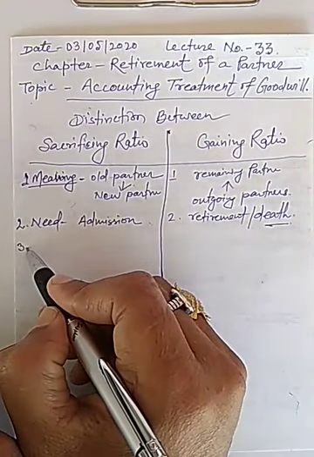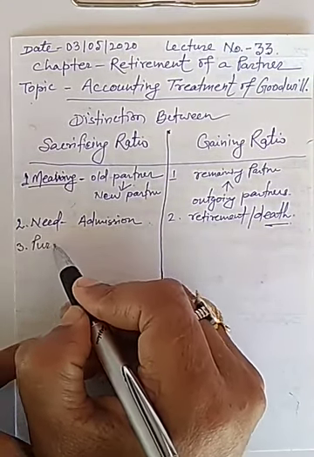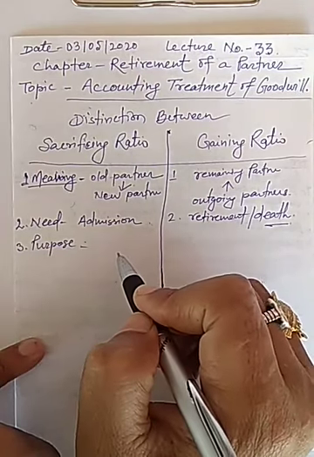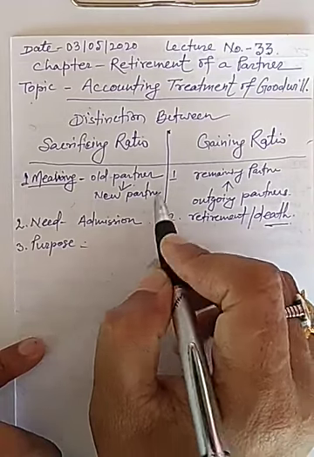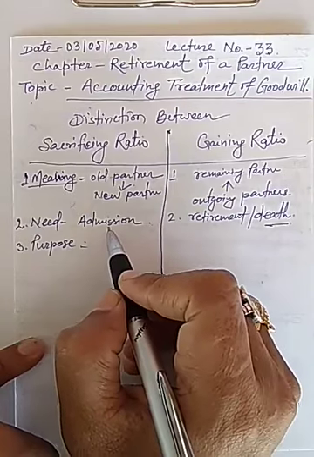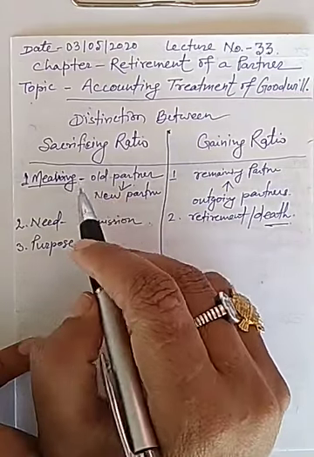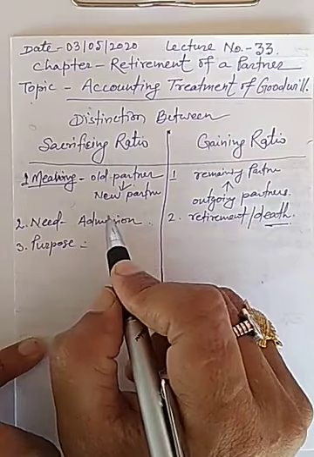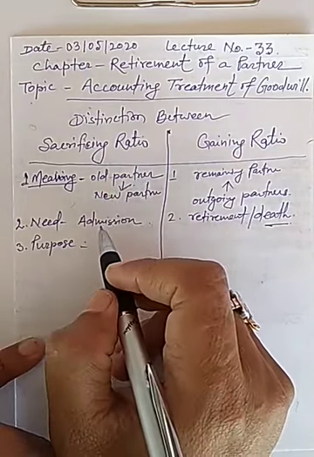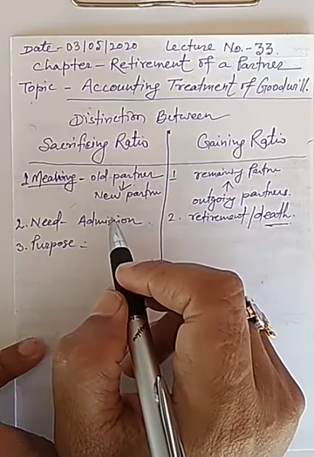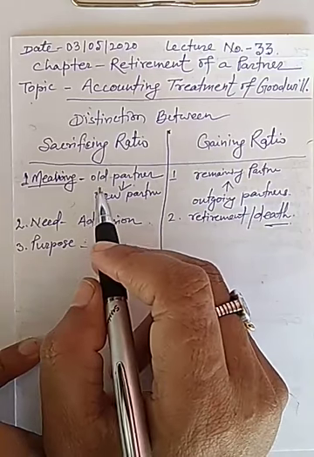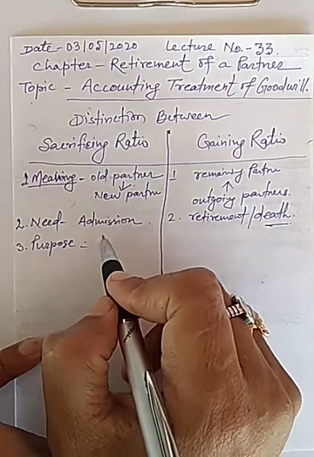Third point may be purpose. What is the purpose to compute gaining ratio and sacrificing ratio? Sacrifice ratio is computed to find out the amount of premium goodwill to be paid by the incoming partner to old partner.